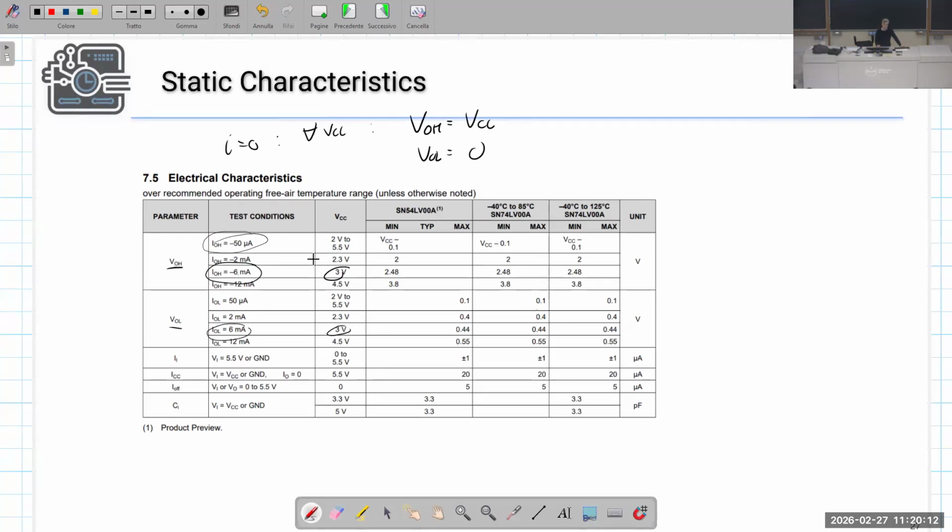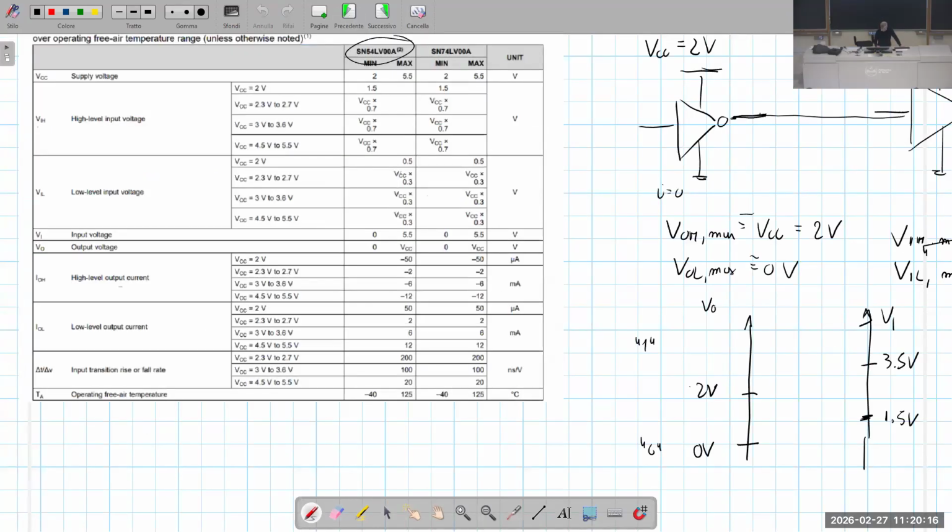If you want to consider this more stringent condition, for IOH, this is for IO equal to 0, and this more stringent condition is for magnitude of IO smaller than 50 microamps.